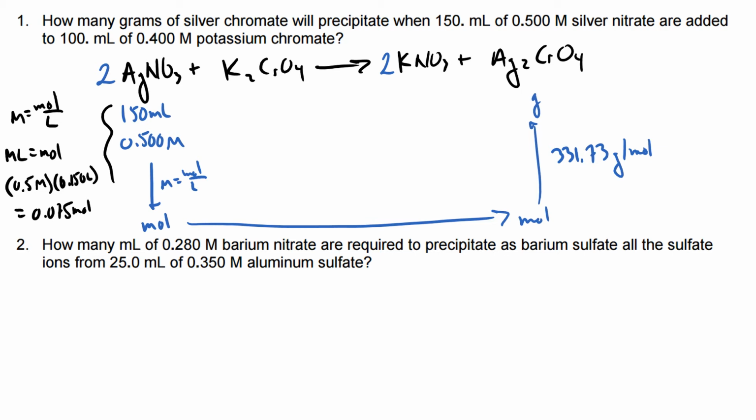The mole-to-mole ratio is 1 mole of silver chromate per 2 moles of silver nitrate, otherwise a 1:2 mole-to-mole ratio.